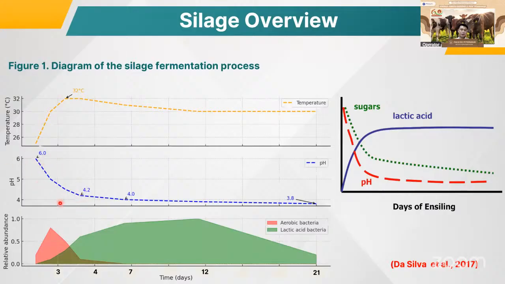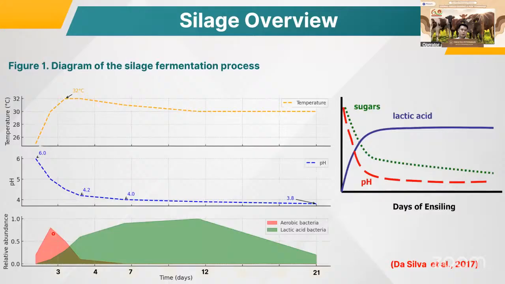Then after the fermentation process, pH will be rapidly reduced to 4.2 or almost 4 after 21 days of fermentation. The reduction of pH might be affected by the population of lactic acid bacteria that increases from the first days of ensilage.